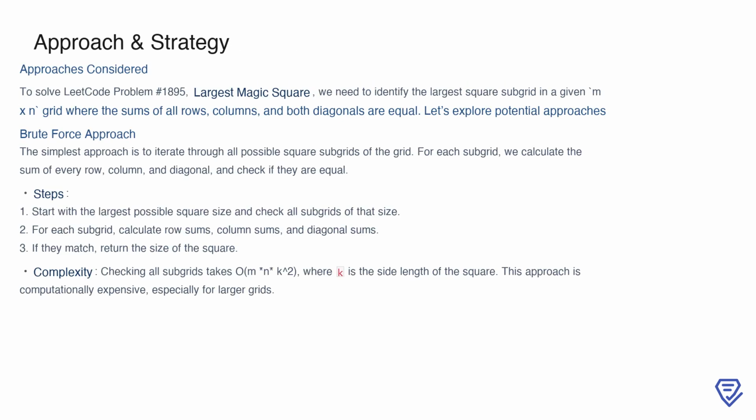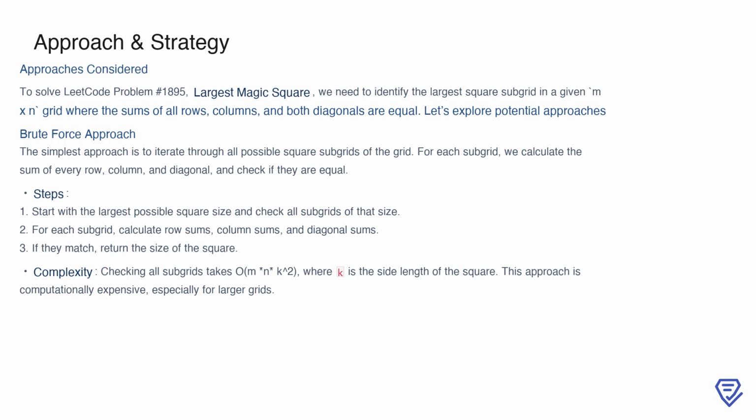To solve the problem of finding the largest magic square, we first need to understand the requirements. A magic square is a square subgrid where the sums of all rows, columns, and both diagonals are equal. The brute force approach is the most straightforward way to tackle this. In this method, we systematically check all possible square subgrids within the given grid. For each subgrid, we calculate the sum of every row, column, and diagonal, verifying if they match.